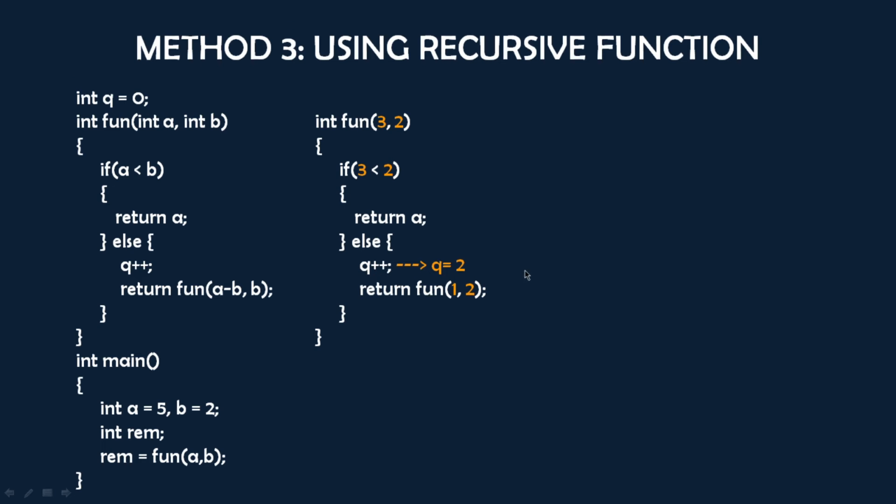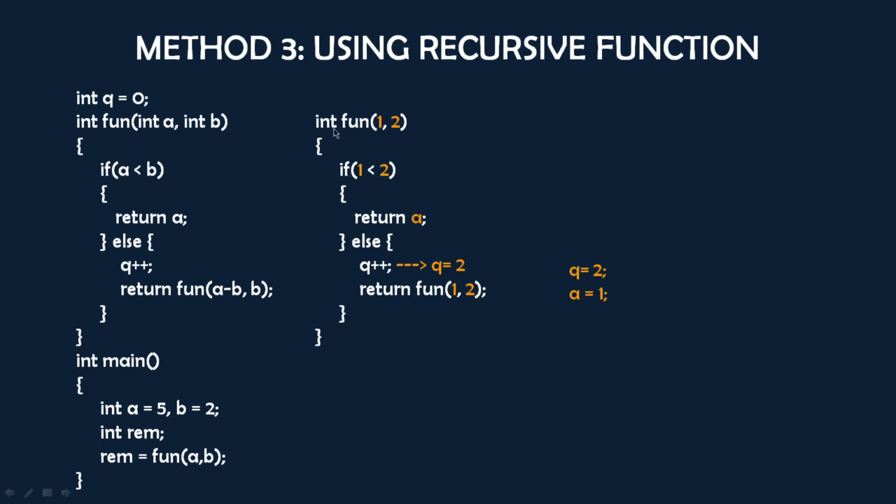The value of our Q is 1, so increasing by 1, that will be 2. Call the function again with the arguments of A minus B. So 3 minus 2, that is 1, and our B value is 2. So note that we have the value of Q of 2, and the value of our A is 1.